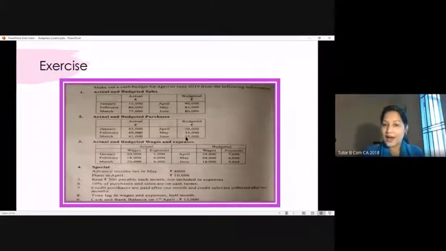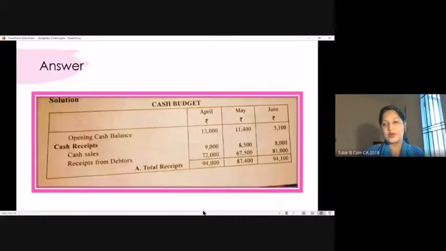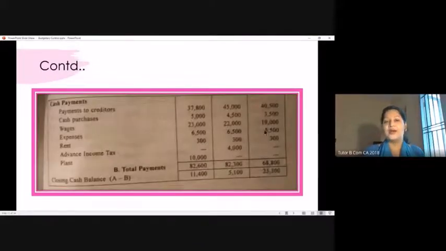It will be half of 35,000, that is purchases. So in June also, half of 18,000 plus the half of May, so 10,000 plus 9,000. That's why they say there is a time lag of half a month.